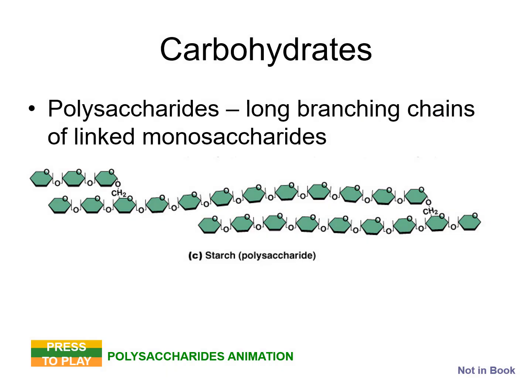If we were to combine many monosaccharides, we would arrive at what's called a polysaccharide. Poly meaning many. And these polysaccharides can be very large and have multiple branches as shown here.